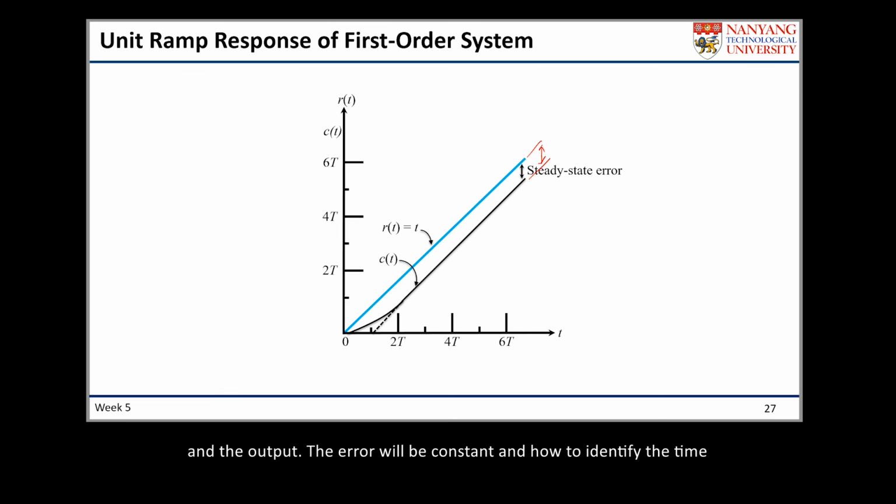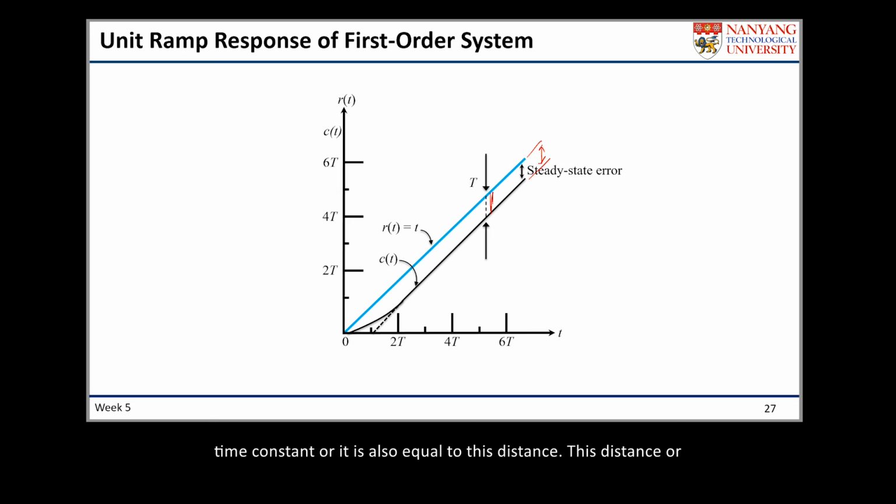And how do we identify the time constant of your first order system using this unit ramp response? Apparently, the time constant will be equal to the distance between the input and the output in steady state condition. So this distance will be equal to the time constant, or it is also equal to this distance.